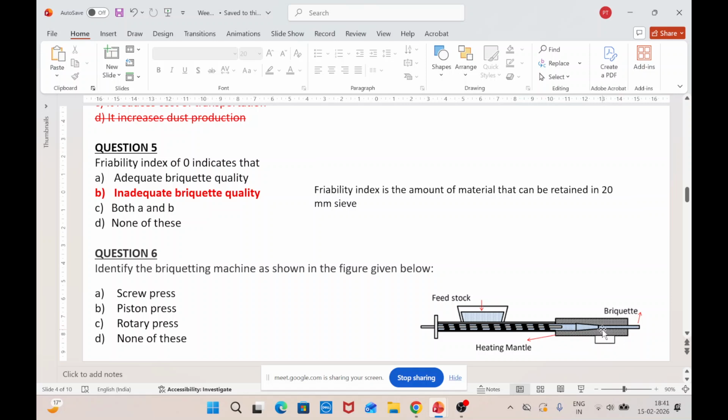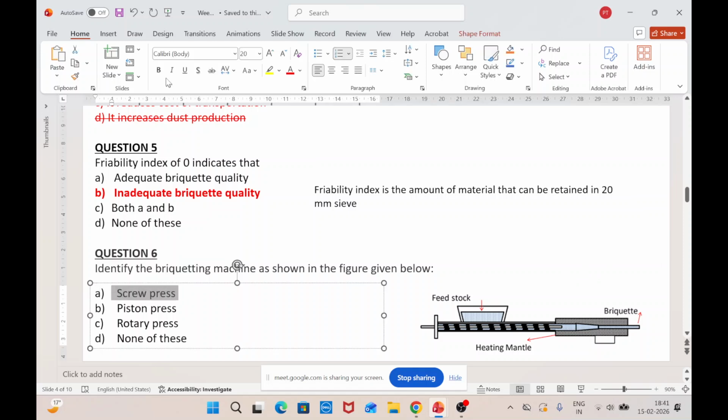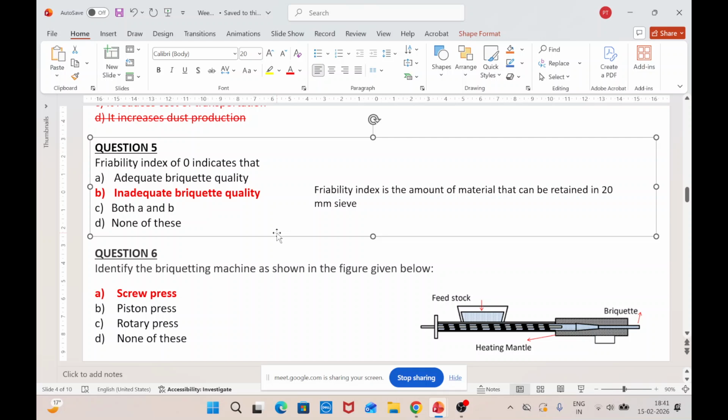The solid particles melt and mix, and are forced through a die. Depending upon the shape of the die, you get the briquettes. So this briquetting machine is a screw press. Any questions?